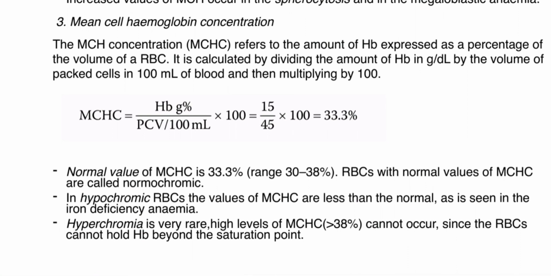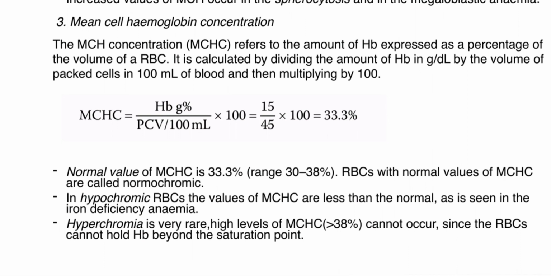It is calculated by dividing the amount of hemoglobin in gram per deciliter by the volume of packed cells in 100 ml of blood and then multiplying by 100. MCHC is equal to hemoglobin gram percentage by PCV by 100 ml into 100. So 15 by 45 into 100, which is 33.3 percentage.